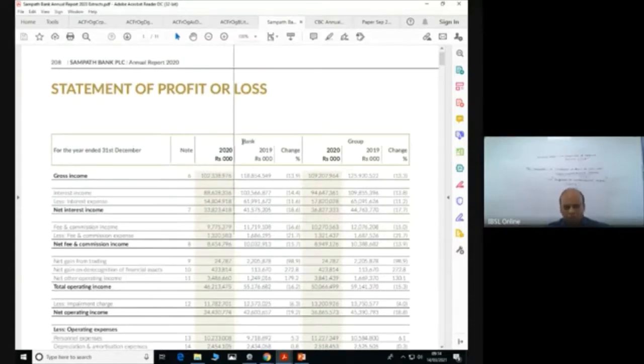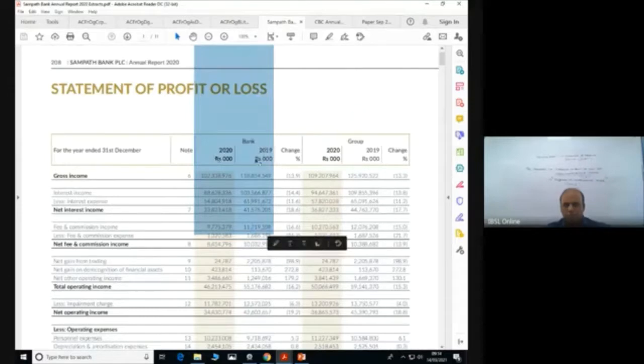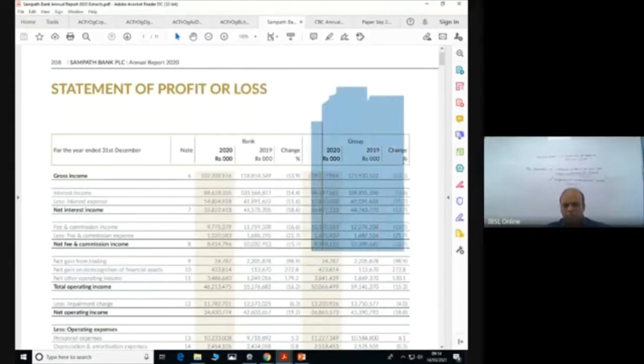Now they have given it for the bank and for the group, so both are given. For the bank, you see 3 columns: 2020, 2019 and change. Again for the group, you have 3 columns: 2020, 2019 and change.